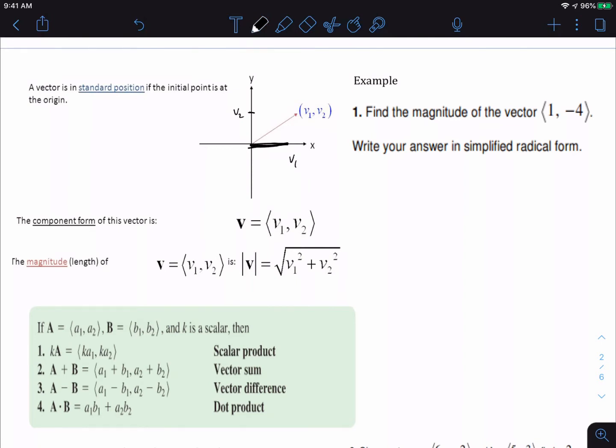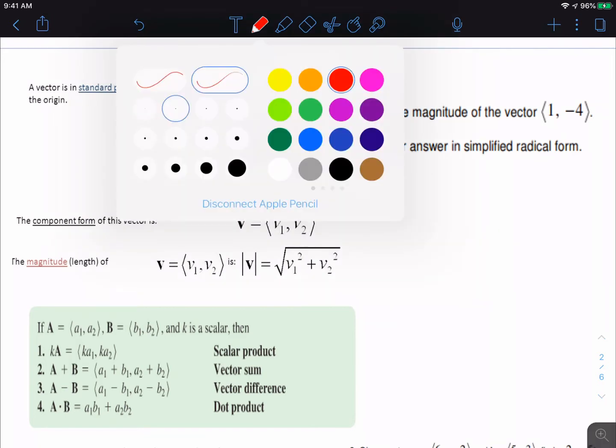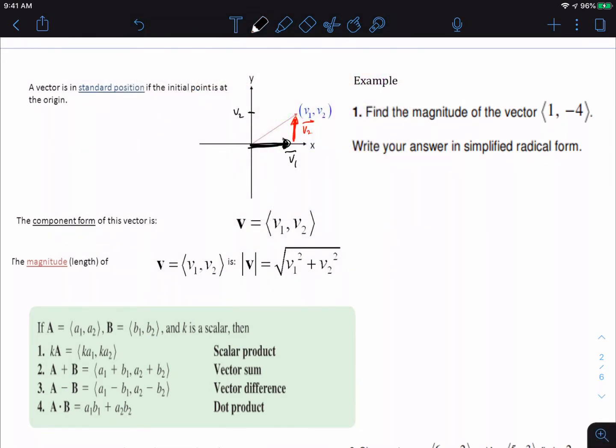This is V1, and this would be V2. Right? So that vector that we're getting is V1 plus V2, but just think of it in terms of x and y's, it'd be vector V1 comma vector V2. Okay? So that's how you do the component piece.